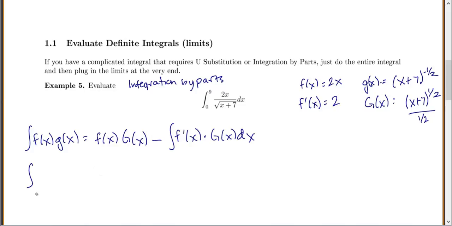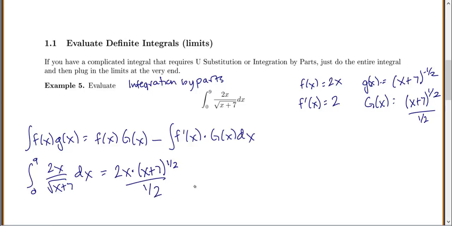So in our case, the integral from 0 to 9 of 2x over the square root of x plus 7 dx gives me, okay, f of x times capital G of x. F of x is 2x. Capital G of x is x plus 7 to the 1/2 over 1/2, minus the integral of f prime, which is 2, so notice that did get simpler, times capital G of x, which is x plus 7 to the 1/2 over 1/2 dx.